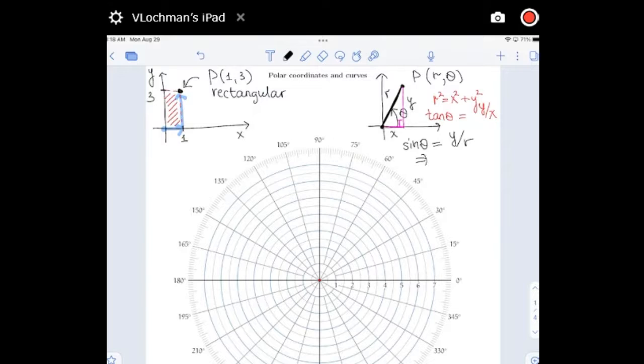So from here, I know that y is equal to r sine of theta. And similarly, in exactly the same way, we can determine what x is. X is equal to r cosine theta. Okay, so these are the fundamental equations that we will need to remember once we are ready to go from one system to another.